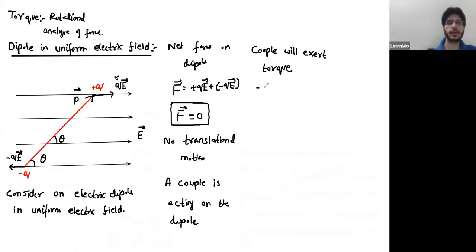Couple simply means equal and opposite forces. Like if I take this body, I apply a force of 2 Newton in this direction and a force of 2 Newton in exactly the opposite direction. You will say that a couple is acting on the body.